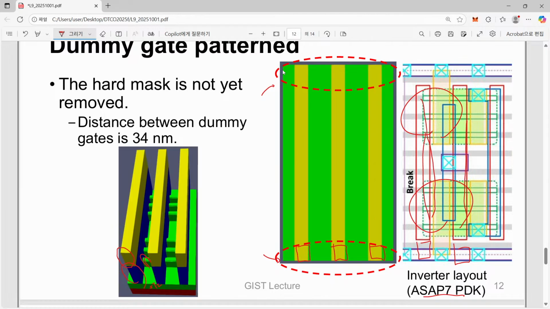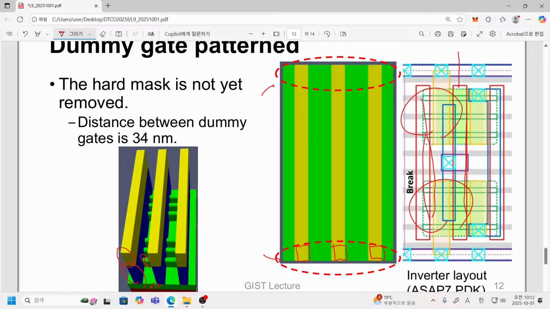But another point is, if this line runs indefinitely, overcoming the cell boundary and another cell boundary, then this signal is also affecting a different inverter or a different standard cell. So it is not acceptable. So we have to make this kind of cut, another cut.